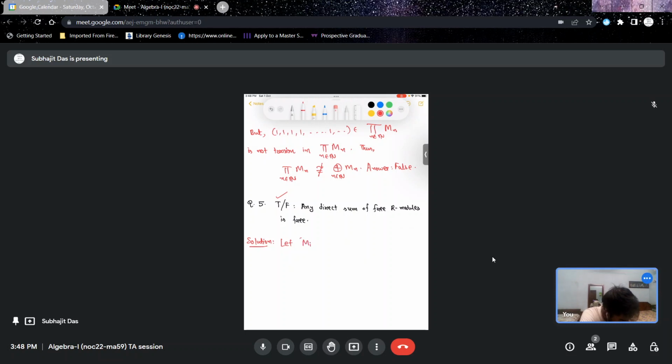M_i, with i in some index set I, be a collection or a family of free R modules.